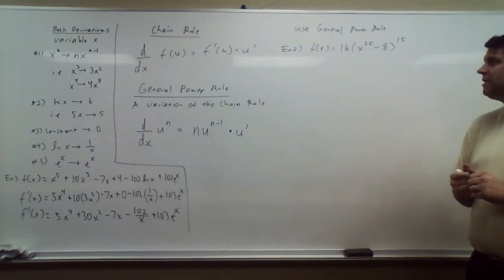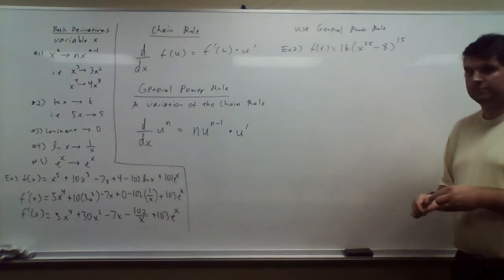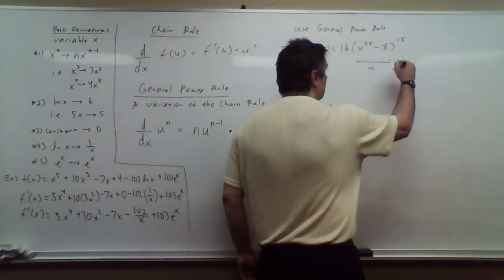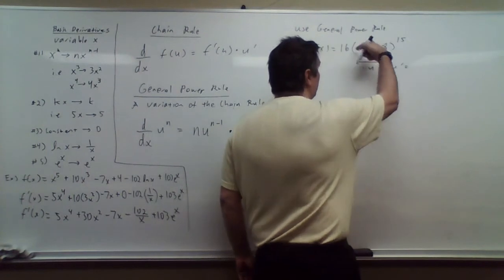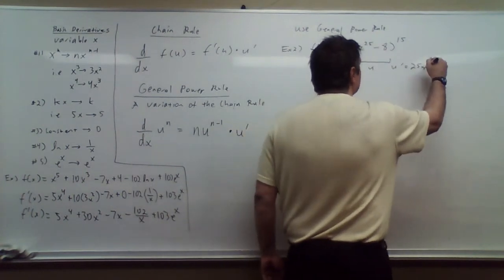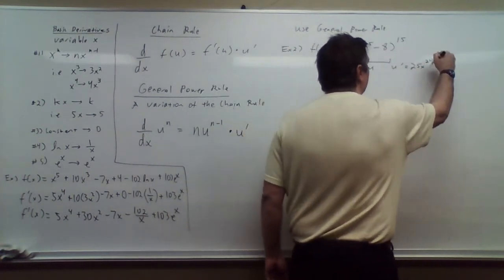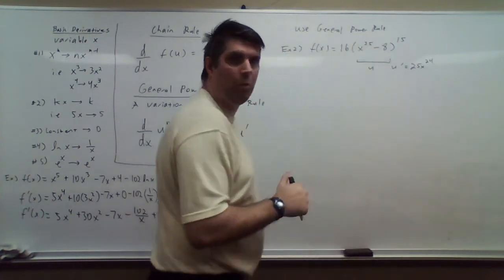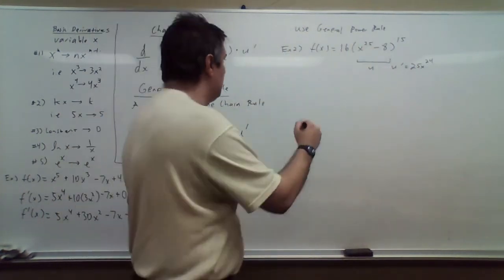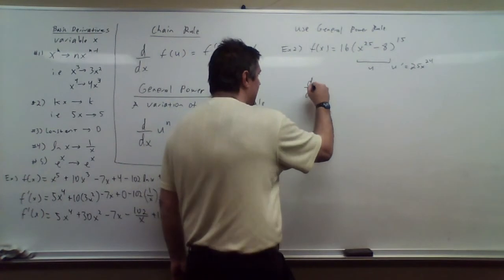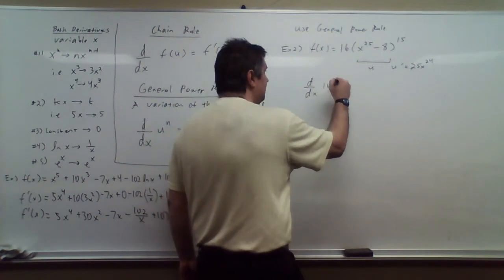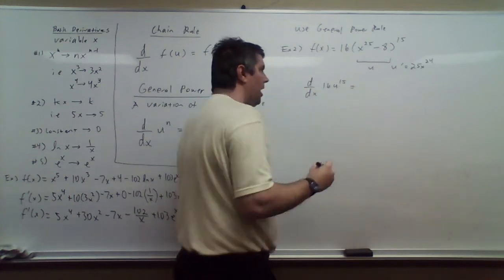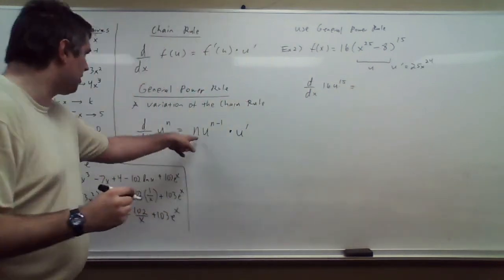All right, so here's another example. This will take the role of u. So u prime is 25x to the 24th. So 25, and then the power of x goes down 1. So d/dx of 16 u to the 15th, you're going to follow the general power rule.